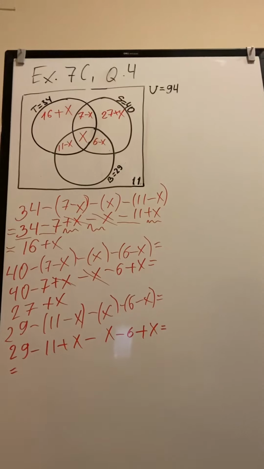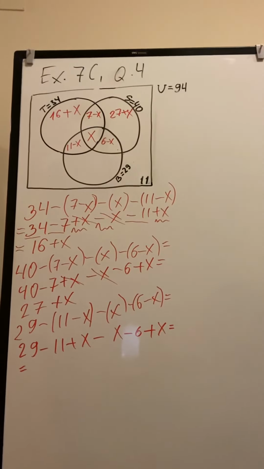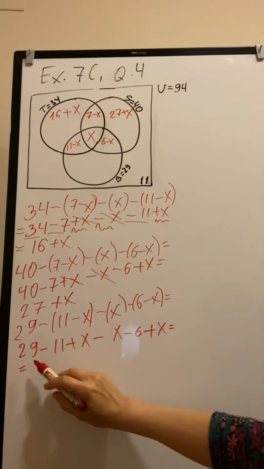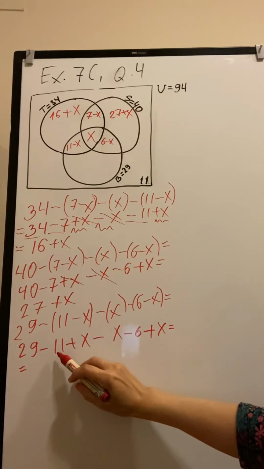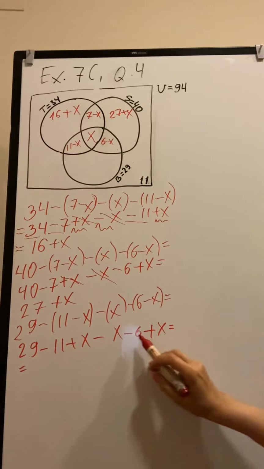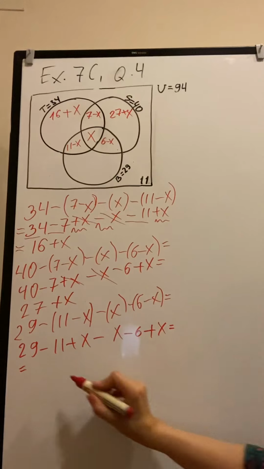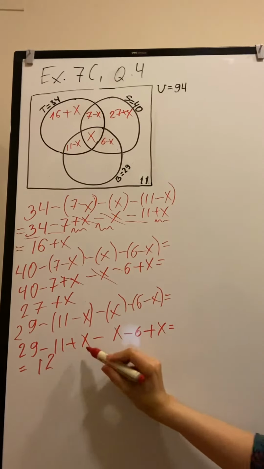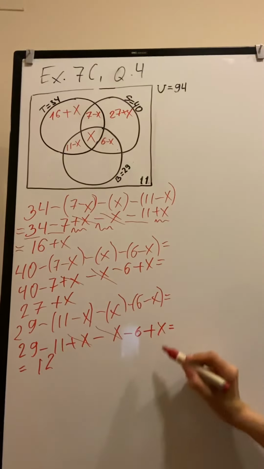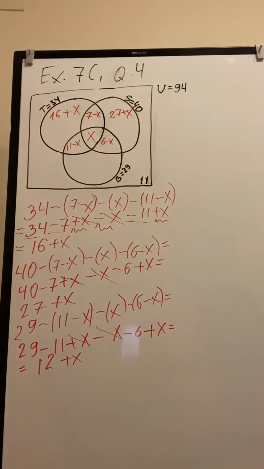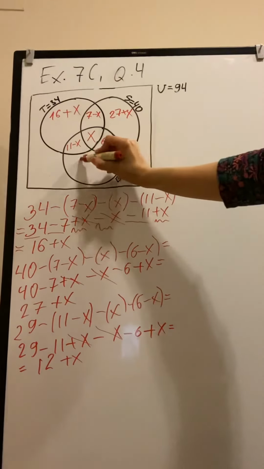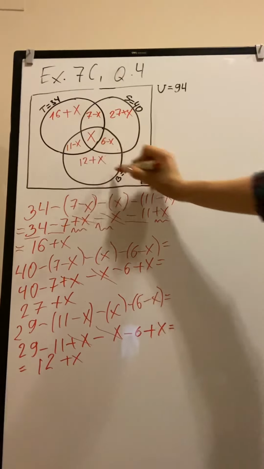And that equals, just move my camera, 29 minus 11, that is 18, and 18 minus 6 is 12. And again, plus x minus x go away, plus x. Okay, 12 plus x.